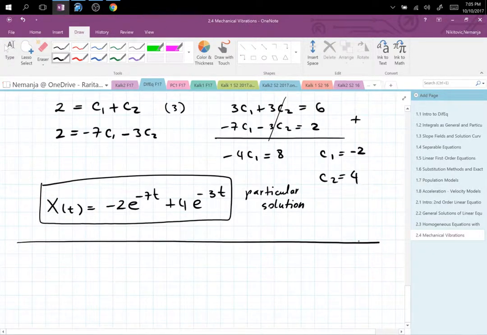So now we're going to dig a little bit deeper into this because they also want to know about frequency and period, which we have when we have these trigonometric solutions. So we are looking at free undamped motion.